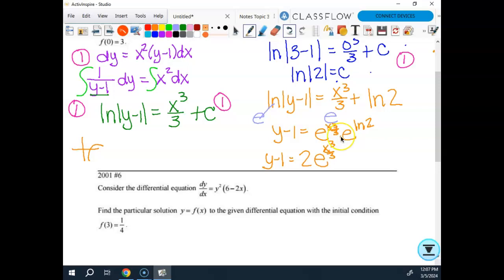No, this is multiplication. This becomes the exponent of e. So then that means that y equals 2 times e to the x cubed over 3 plus 1.